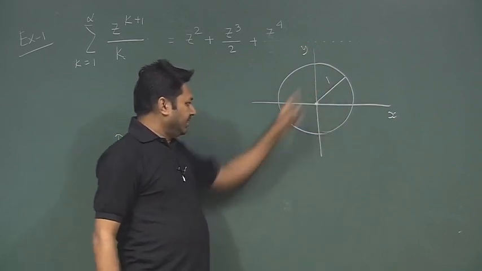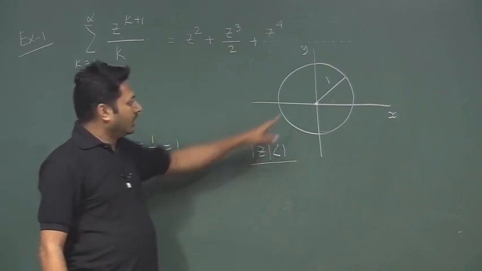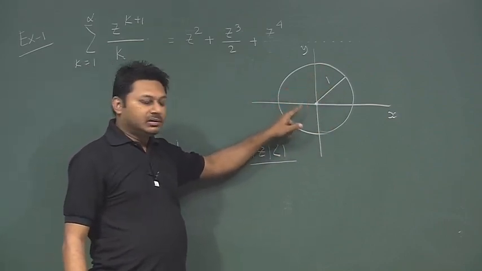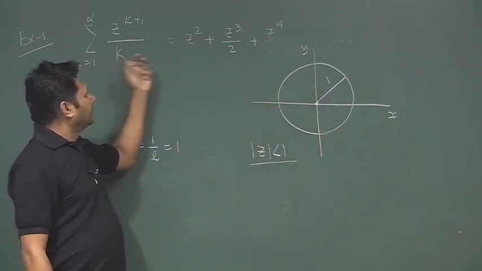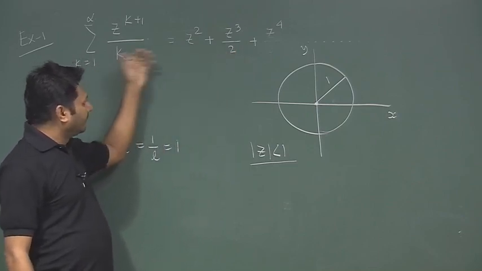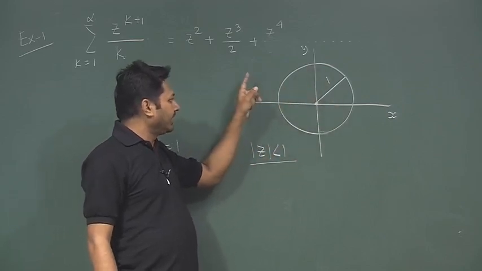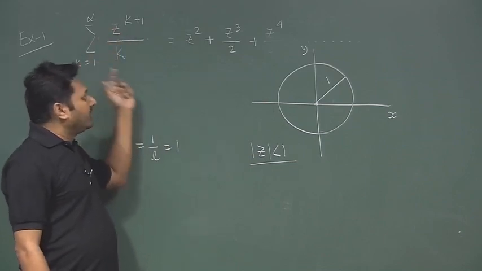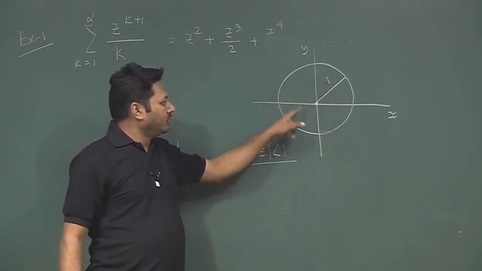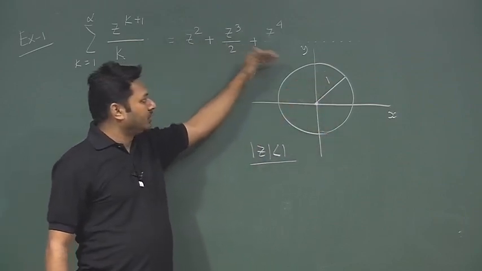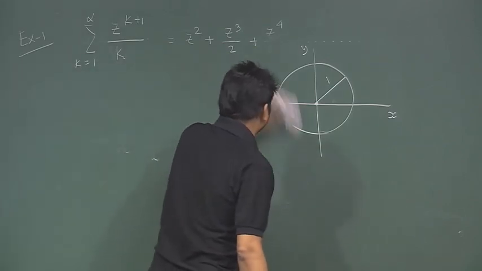So, all the z less than 1, whatever the z I put inside the circle should be less than 1, and for that I can expand this series in this way, for which the radius of convergence is this. If I take z outside, then whatever the value I have will not converge. Here whatever the z is should give you only convergence, that means it will go to some value which converges. Okay. And the radius of convergence is 1.